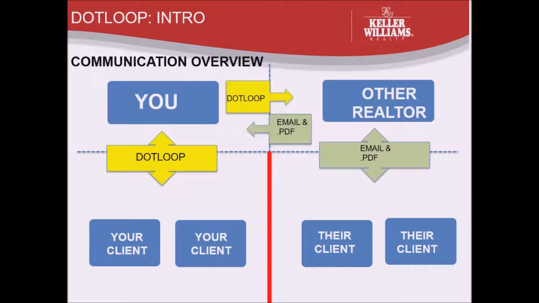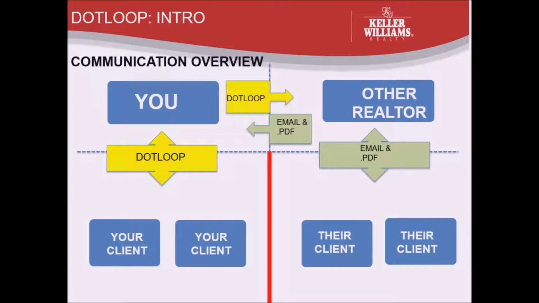This is an overview of the communication. It looks kind of complicated. I want you to imagine that this red line in the middle is a wall. You can communicate with your clients backwards and forwards in the loop, and you can communicate with the other realtor.